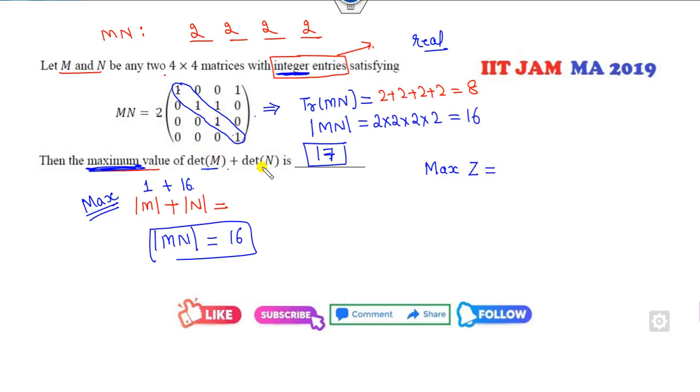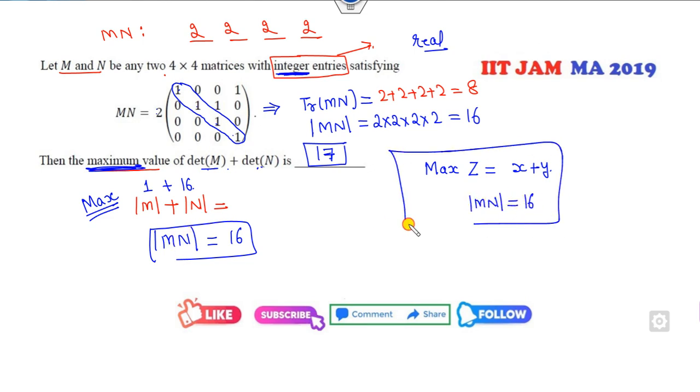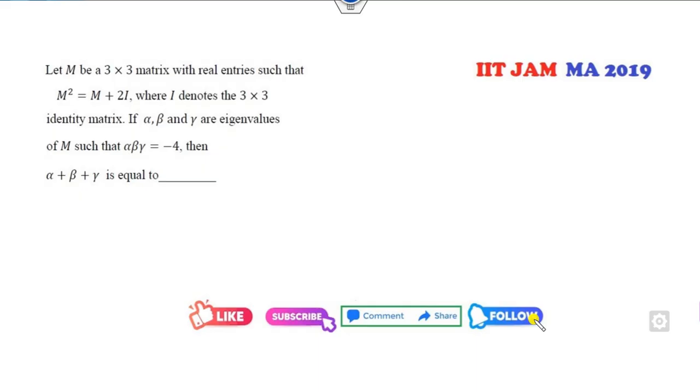If I call this x and this y, such that the determinant of MN is 16, then xy is 16. So z is equal to x plus y, where y I can substitute as 16 over x. Now you can solve this problem and get your answer for x. But there is no need, as I told you the shortcut trick.